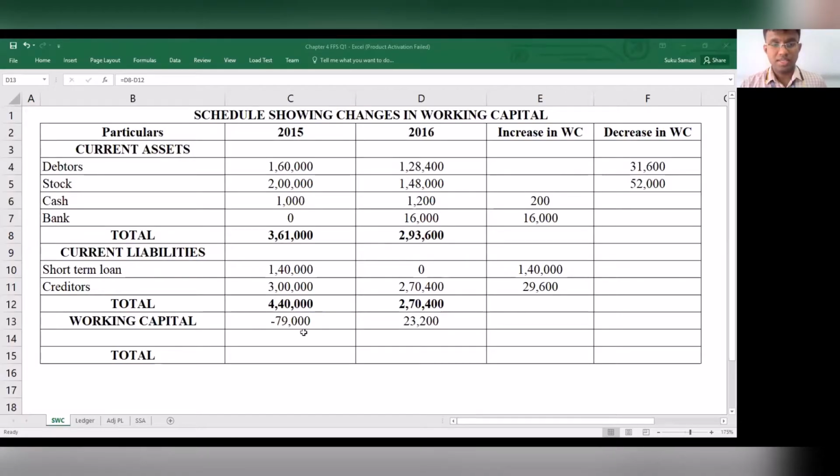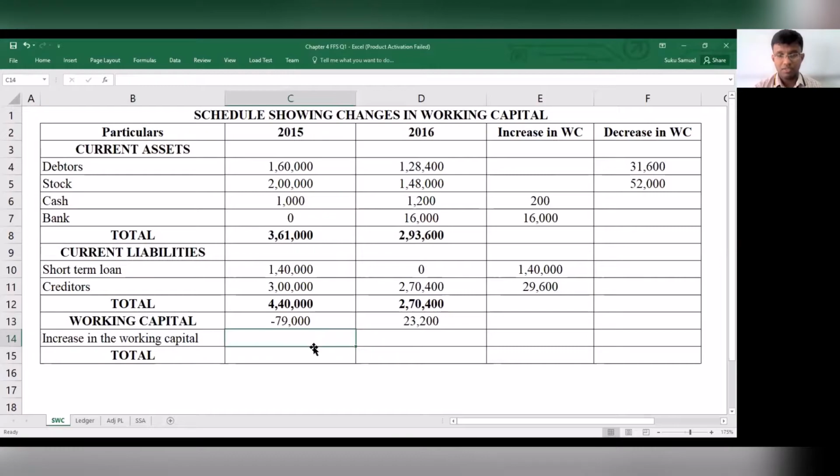Dear students, in this case there is an increase in the working capital. Working capital has increased by how much? Negative 79,000 has become positive 23,200.